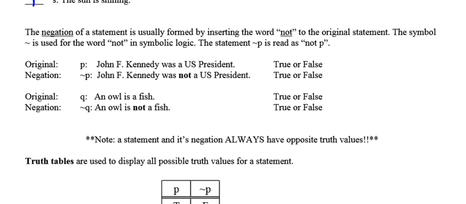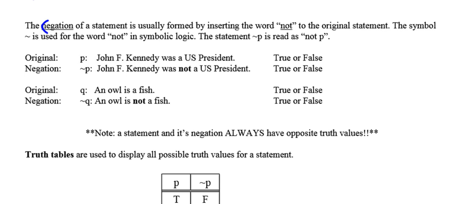Now we need to talk a little bit about the negation of a statement. We negate a statement by inserting the word not into the original sentence. We have to do it in such a way that the sentence sounds correct grammatically. So we don't want to toss our English teachers over the ledge here.